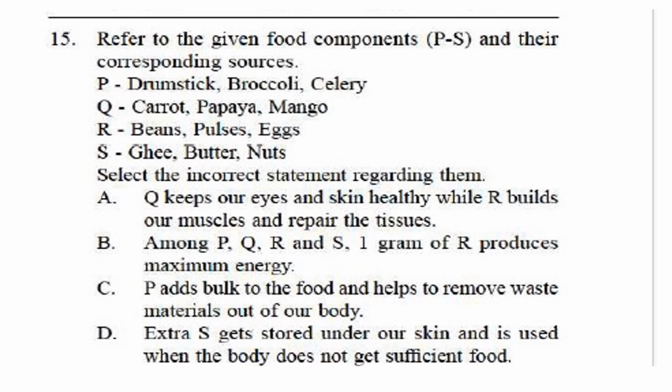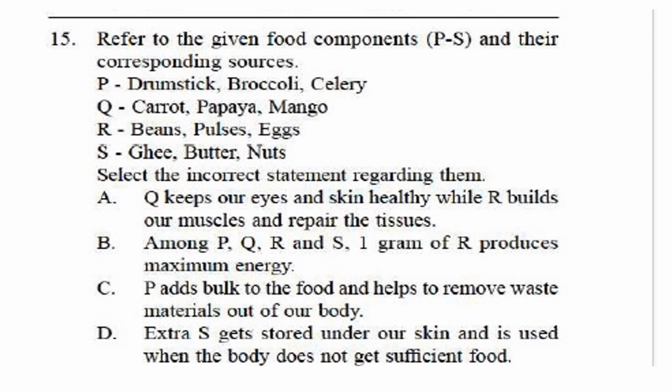Option A. Q keeps our eyes and skin healthy while R builds our muscles and repairs the tissues. B. Among P, Q, R and S, 1 gram of R produces maximum energy. C. P adds bulk to the food and helps to remove waste material out of our body. D. Extra S gets stored under our skin and is used when the body does not get sufficient food.